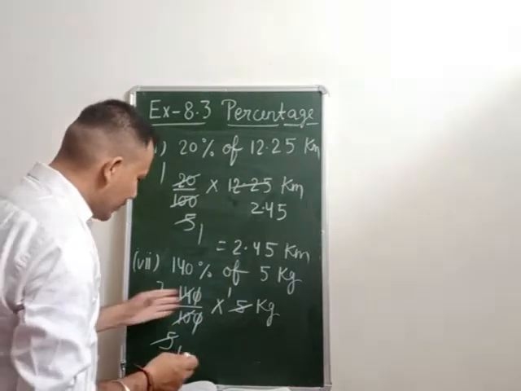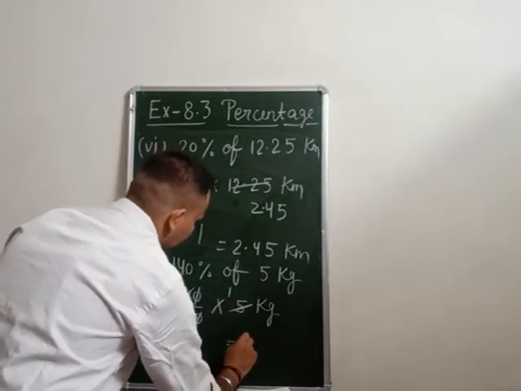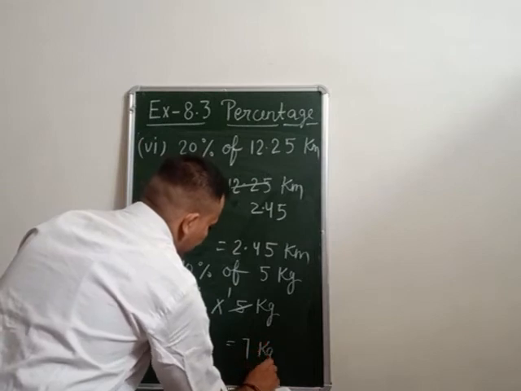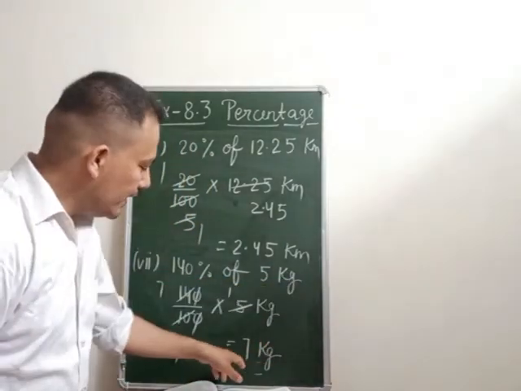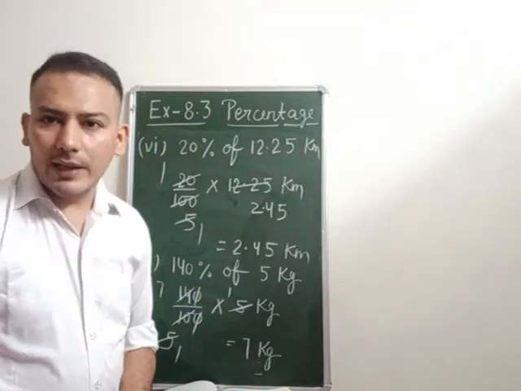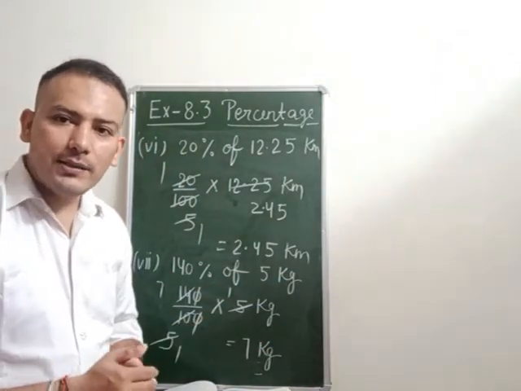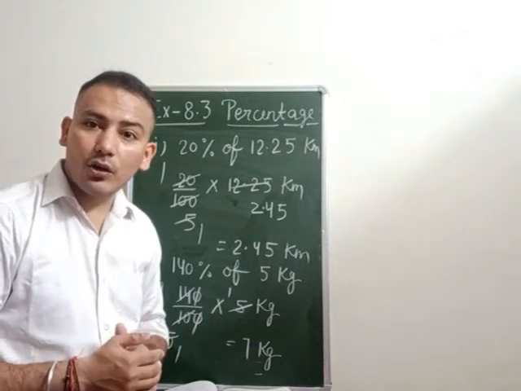So what is left? Only 7 kg. So 140% of 5 kg is 7 kg. Okay, clear students? I think you have understood the concept.